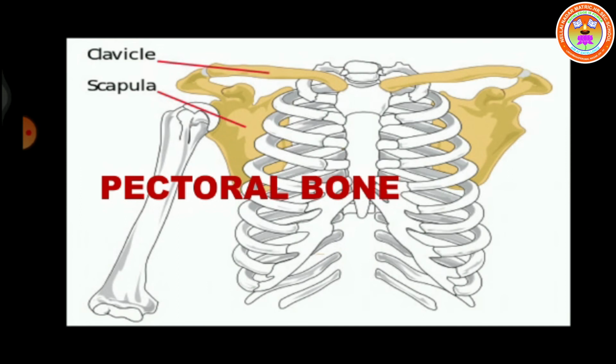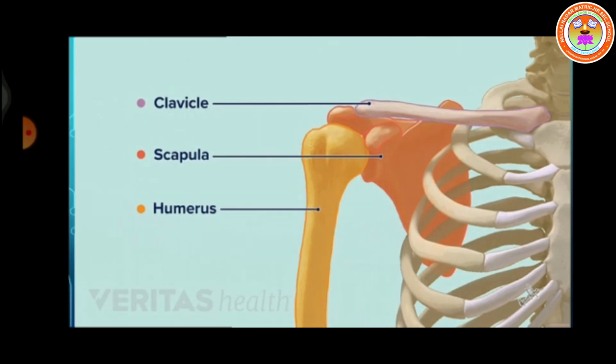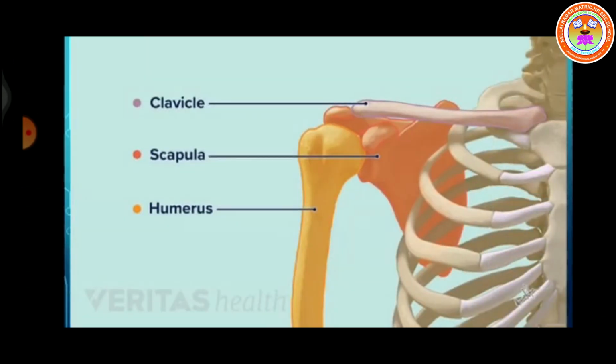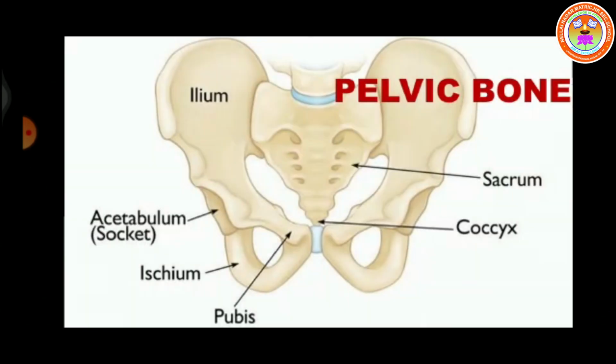The collarbone is supported by the breastbone at one end and the shoulder blade at the other end. The shoulder bone encloses a socket like cavity into which fits the ball of the upper arm. Upper arm means hand. This forms a ball and socket joint. This girdle is called what? Pectoral girdle.